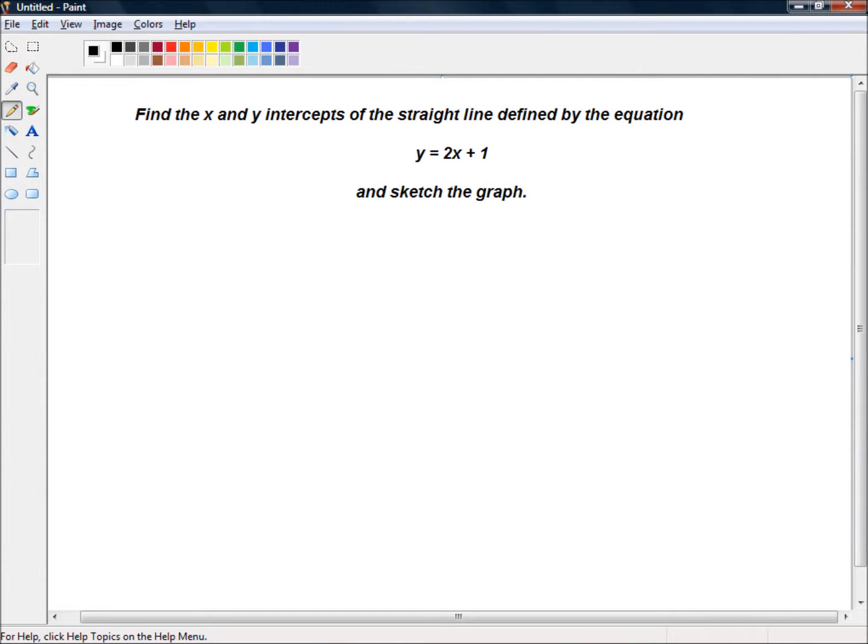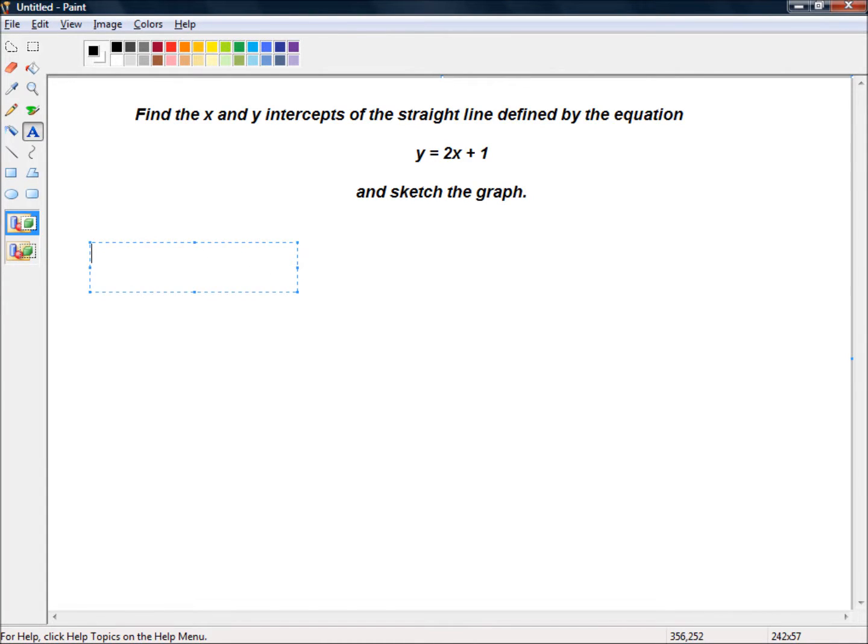Okay, well, so much for the theory. Let's have a go at putting that into practice. We're told to find the x and y intercepts of the straight line defined by the equation y equals 2x plus 1 and sketch the graph. Okay, well, the y-intercept is really easy. In fact, I'm going to type this because it takes me ages to write.